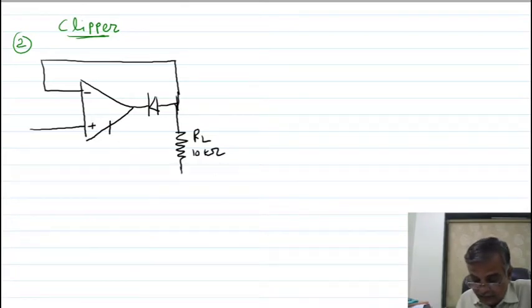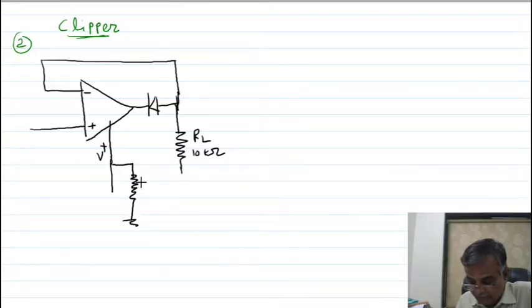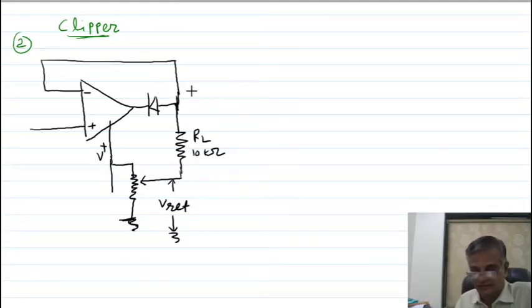Now I am giving some reference voltage with the help of a potentiometer. So this is the reference voltage with respect to ground which you have given to this point. So this is your VO, this would be D. Now here you are giving the input signal.